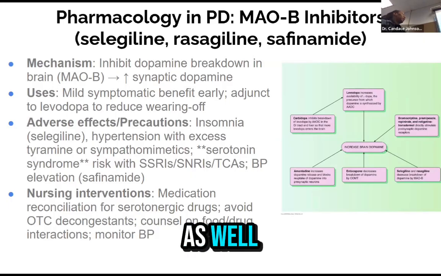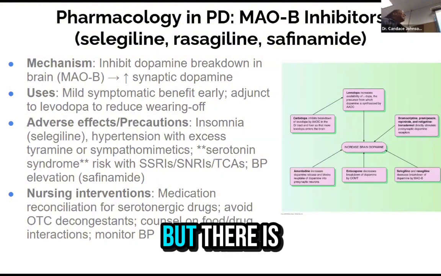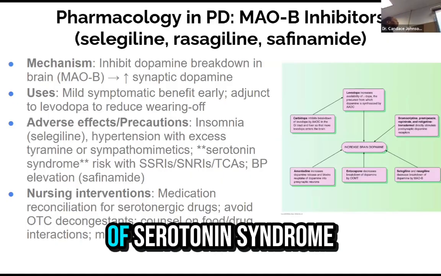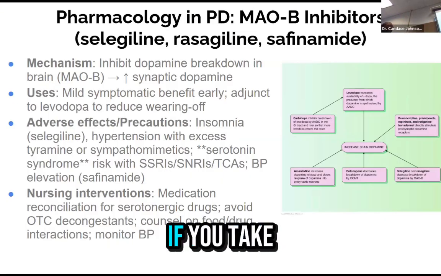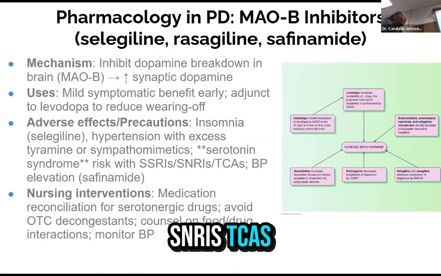Serotonin syndrome as well. I know we're talking about dopamine, but there is a risk of serotonin syndrome, right? If you take MAO-Bs with SSRIs, SNRIs, TCAs, all right?